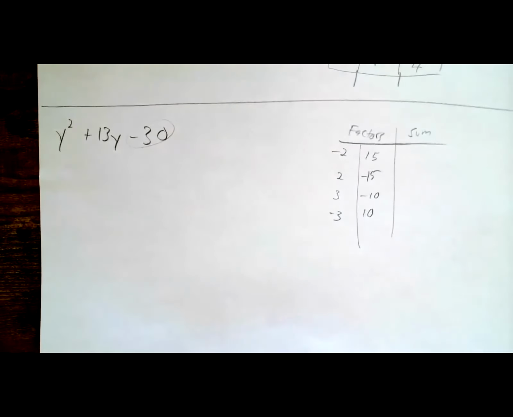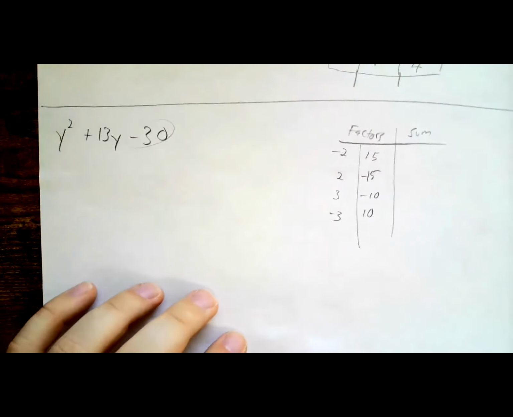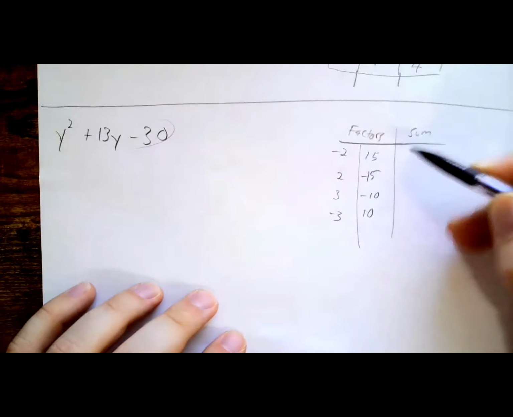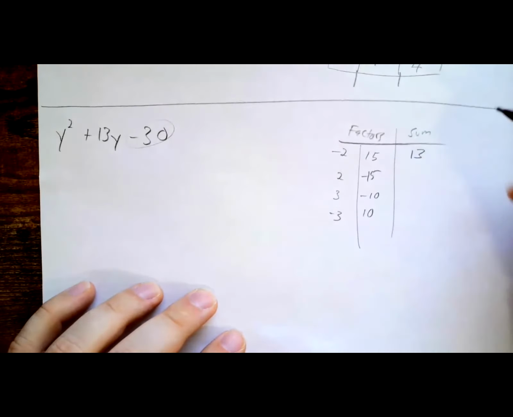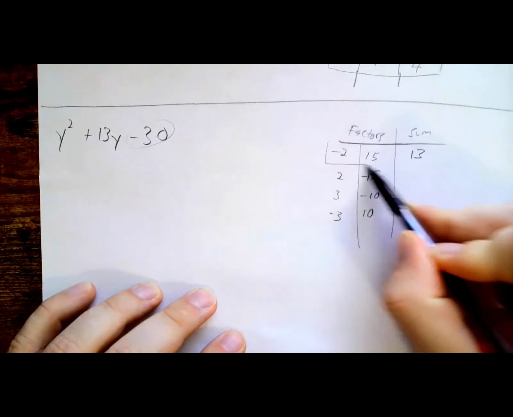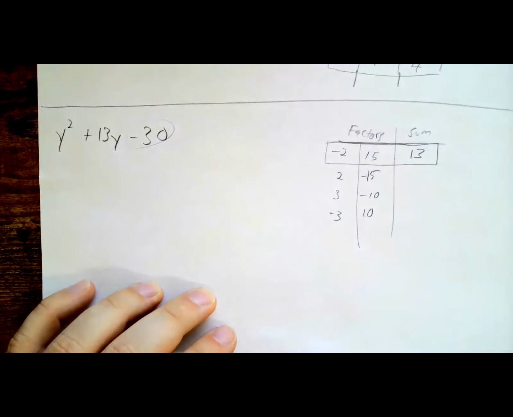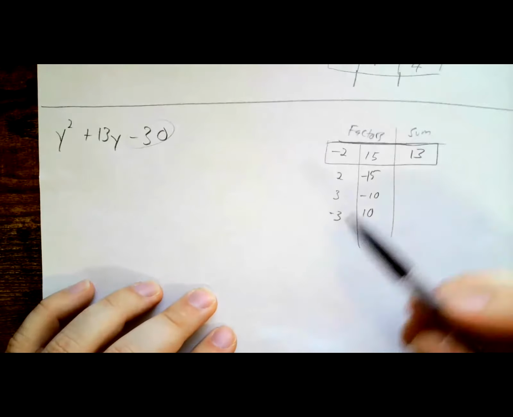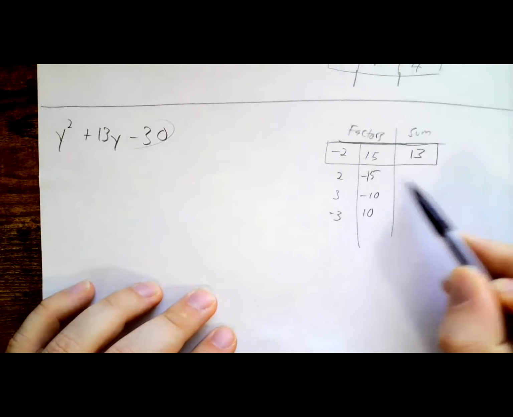And there's more factors too, but let's just start checking sums and see what we've got. Negative 2 and 15 add up to 13. So I guess we're already finished. Once you found it, you found it. You don't have to keep on adding up the things that aren't going to work.